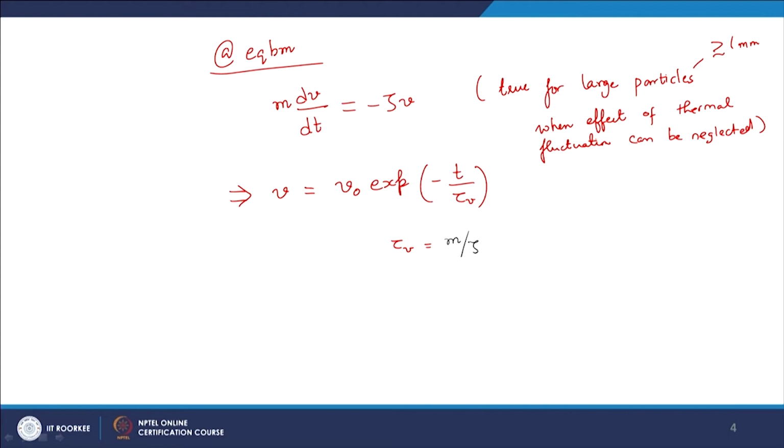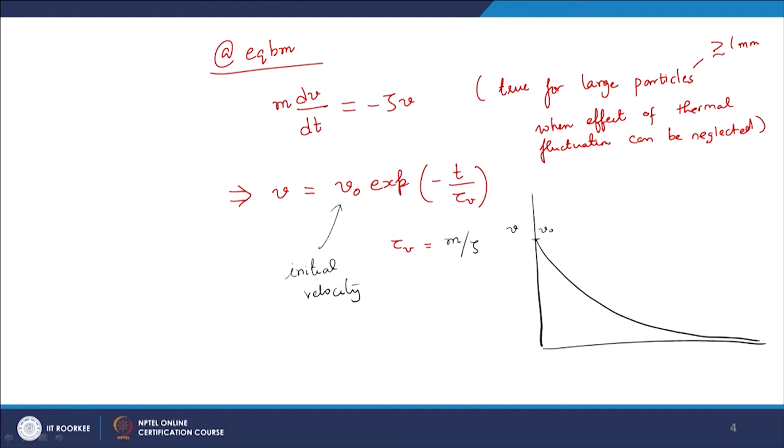Okay. So, V naught is my initial velocity. What this pretty much means is, if I start with a velocity of say V naught, it would rapidly decay to 0 with time t by an exponential kind of decay, and the system will cease to move.